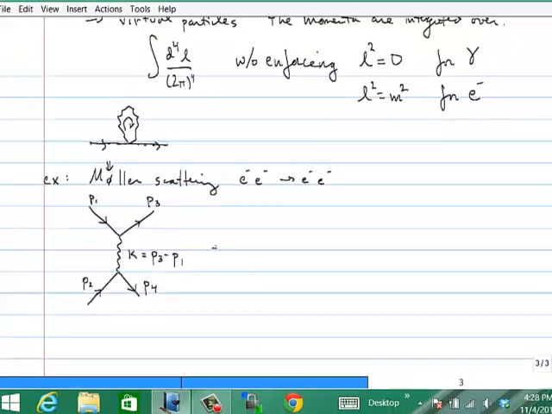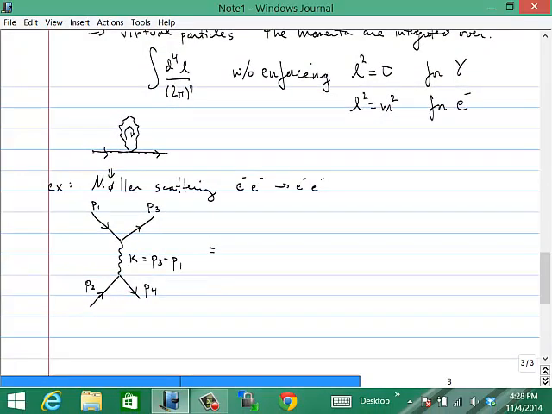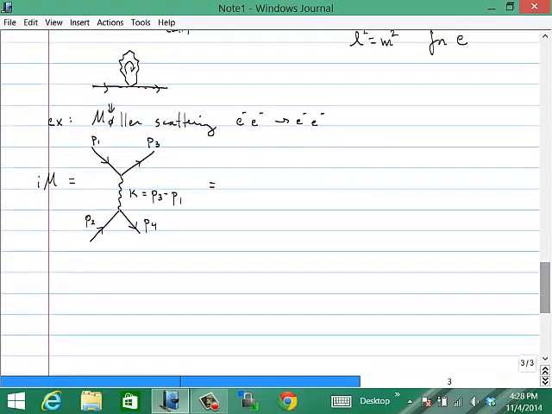So let's go ahead and write down what this amplitude is using our Feynman rules. When we were studying 2-to-2 scattering, we saw that for the real scalar field there were three different kinds of diagrams that one could write down: the S channel diagram, the T channel diagram, and the U channel diagram.